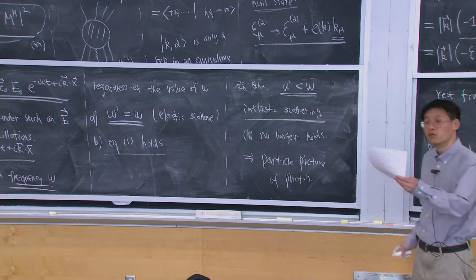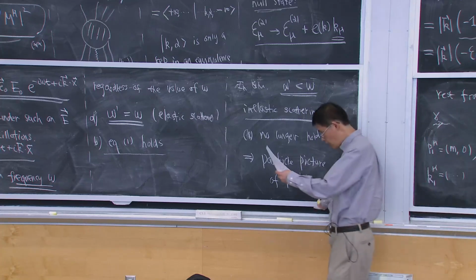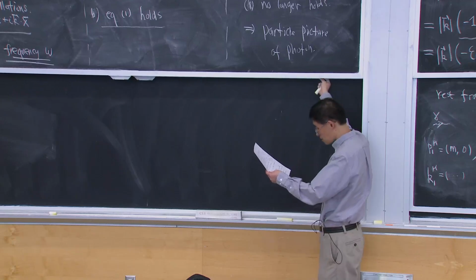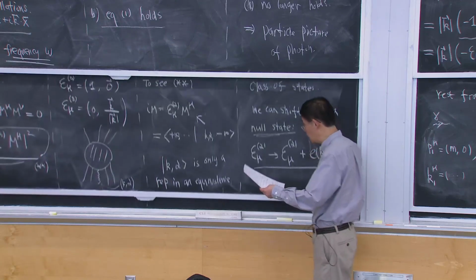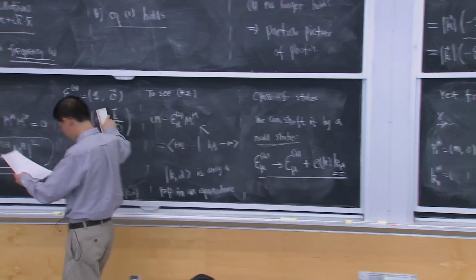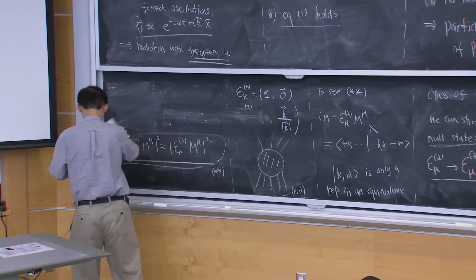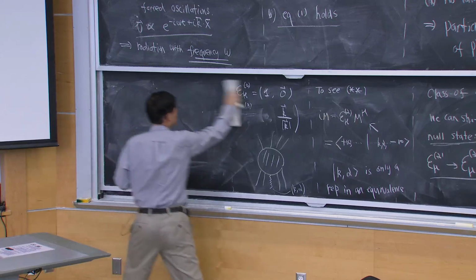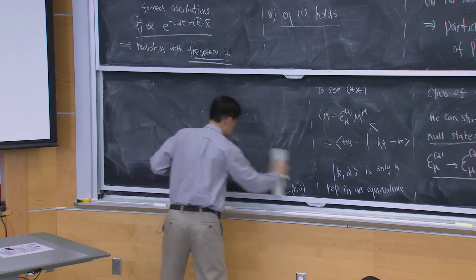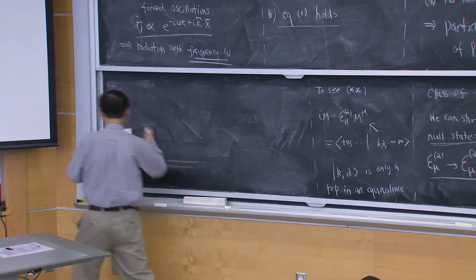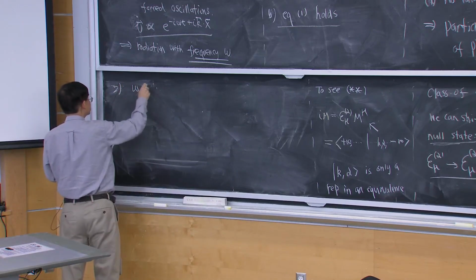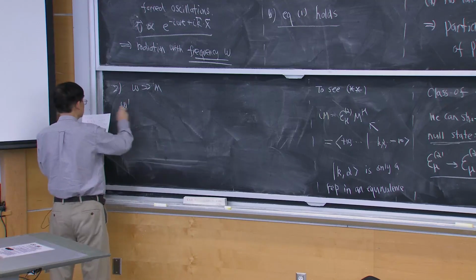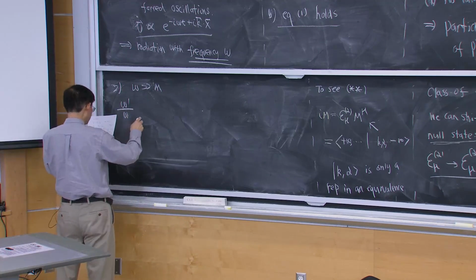Okay, so we are out of time soon. So let me just mention one simple application of this. In particular, let me just mention two small things. So one thing is that if omega is much greater than m, then omega prime divided by m becomes very small.